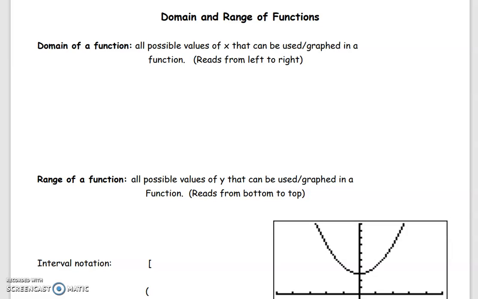In this lesson, we're going to talk about domain and range for functions. Domain is our input values, kind of like what we talked about with functions. So input values, or the x, and this always uses the x values.